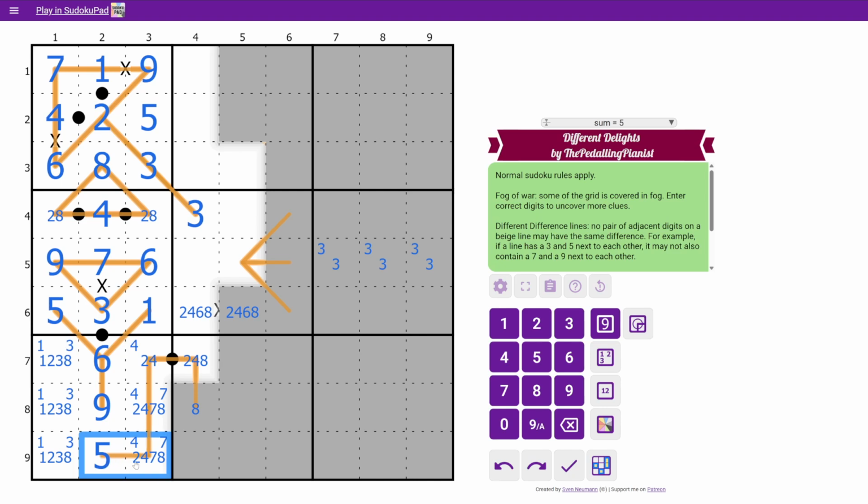Wait, a difference of 1, a difference of 2. I'm trying with 2, 4. A difference of 3, and a difference of 5. So yeah, that would be 8 only.